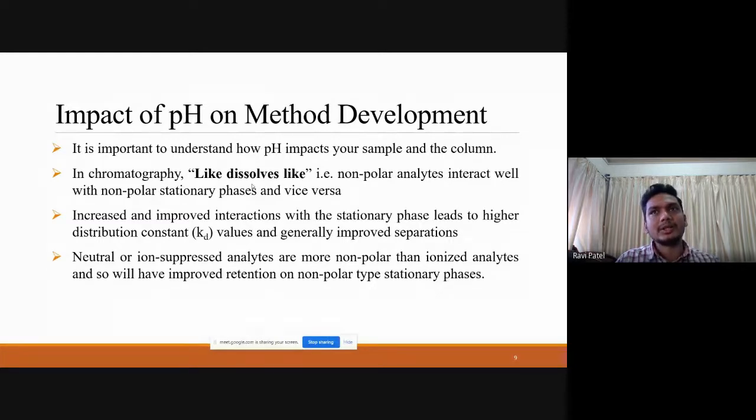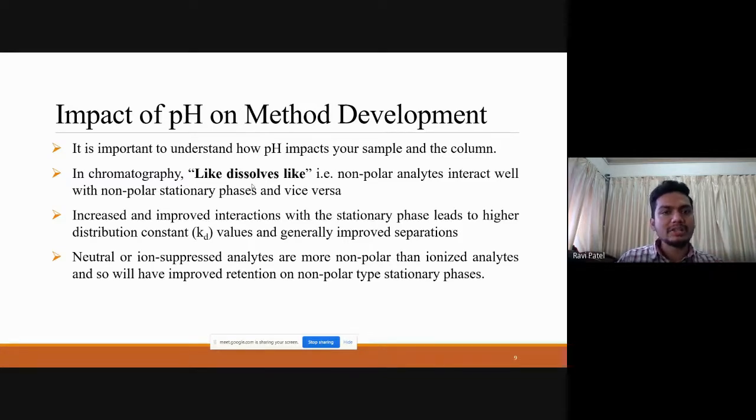If we select a pH that ionizes 99% of our drug, the ionized drug interacts with the mobile phase and elutes first. The drug in non-ionized, non-polar state interacts more with the column and is retained, giving a longer retention of that compound.